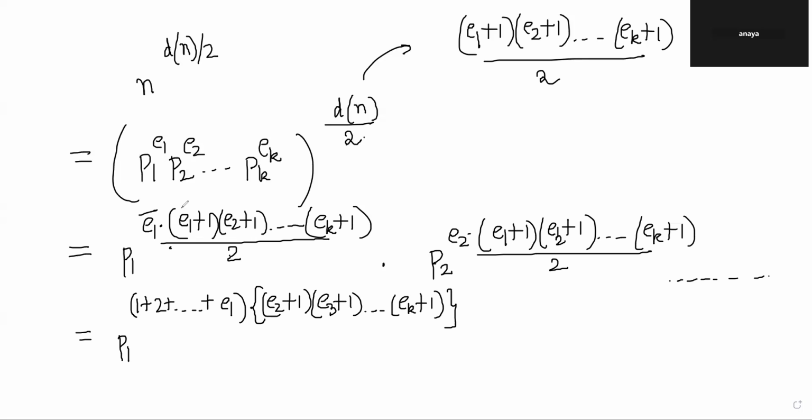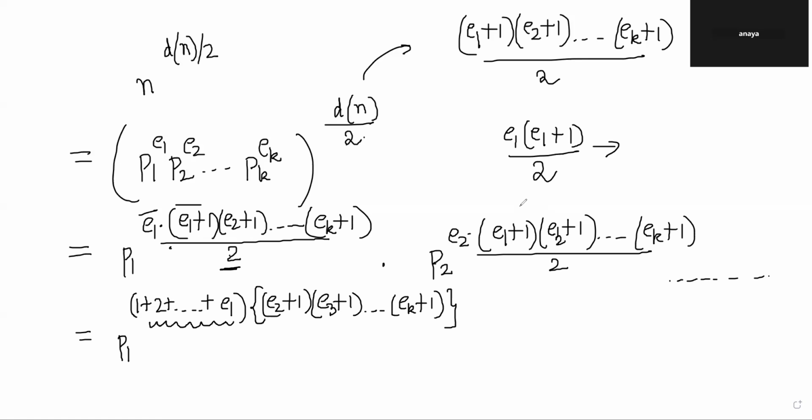See, what is this e1 into (e1 plus 1) by 2? Isn't that just e1 squared plus e1 by 2? How does that help us understand anything? I am saying, what is e1 into (e1 plus 1) by 2? Does that remind you of something?